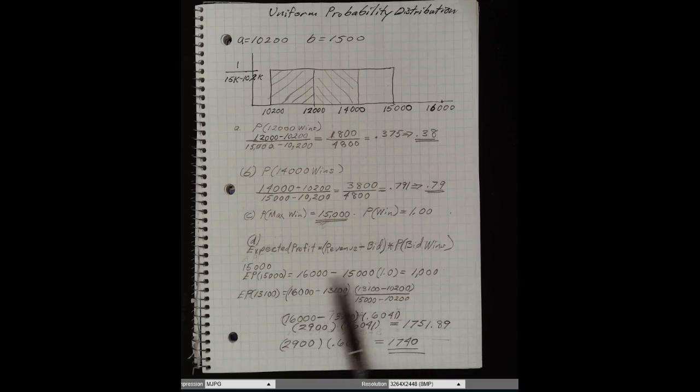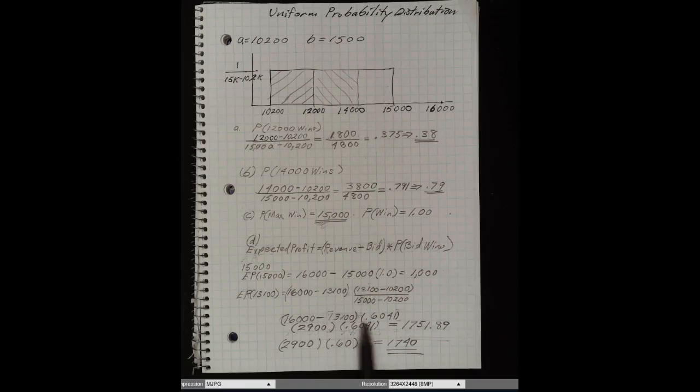Your friend told you should bid 13,100. If we do 16,000 minus 13,100 times the probability at 13,100, which is again 13,100 minus 10,200 multiplied by 1 over 15,000 minus 10,200, that probability comes out to be 0.6041 multiplied by the 2,900, which is the difference between your bid and 16,000, gives you an answer of 1,751.89.